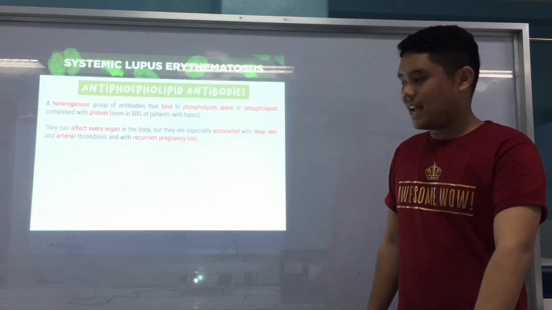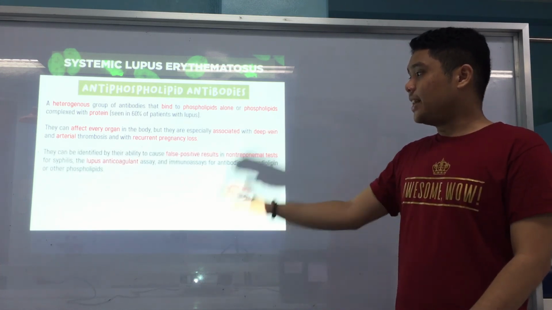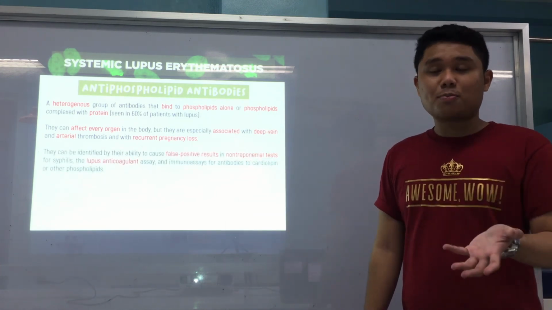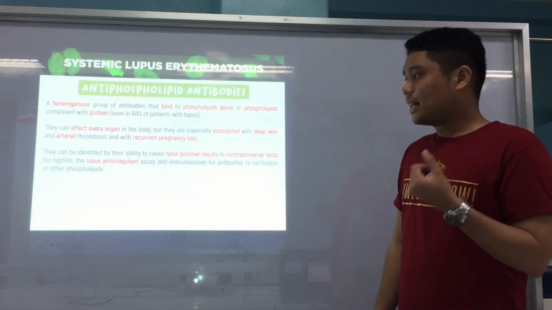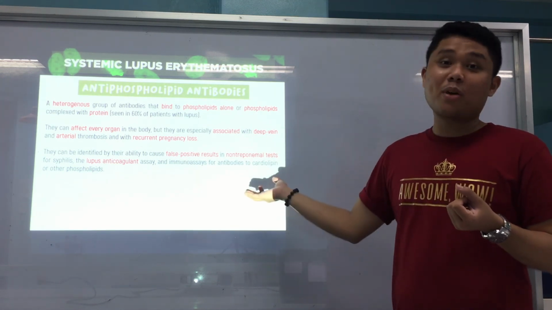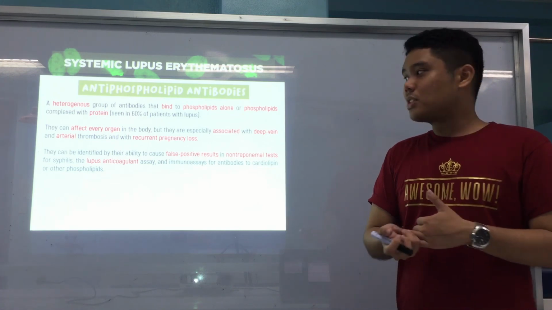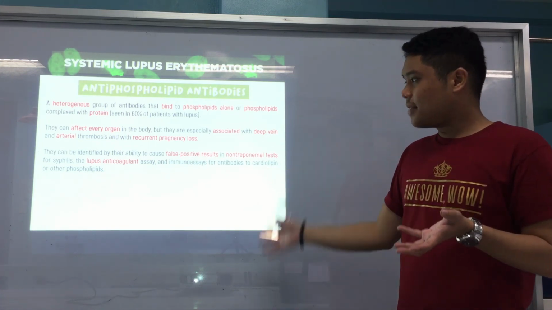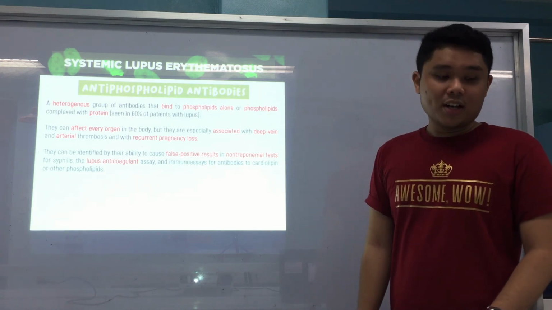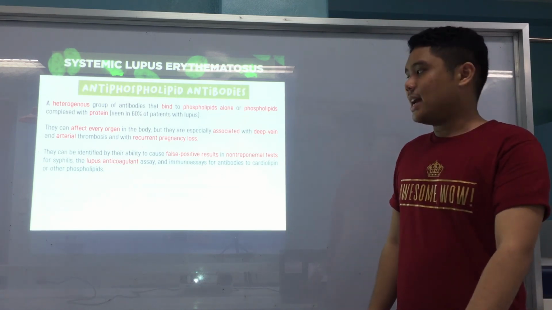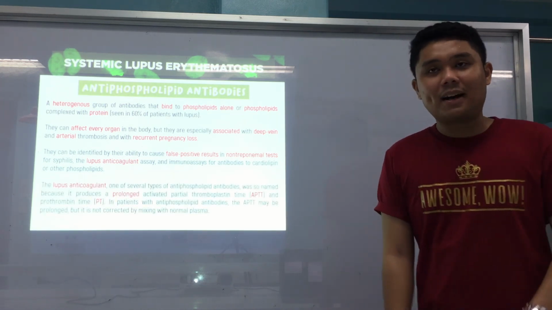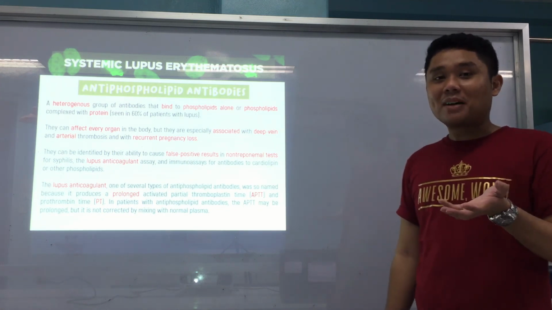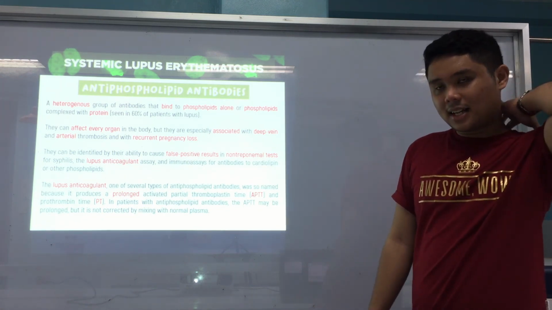Alright? Okay. Ayan. And they can be identified by their ability to cause false positive results in tests, especially the non-treponemal test for syphilis and the lupus anticoagulant assay in your hema, and even immunoassays for antibodies to cardiolipin or other phospholipids. And the lupus anticoagulant, di ba, in your hema, naka-remember po ba? I think this is discussed.